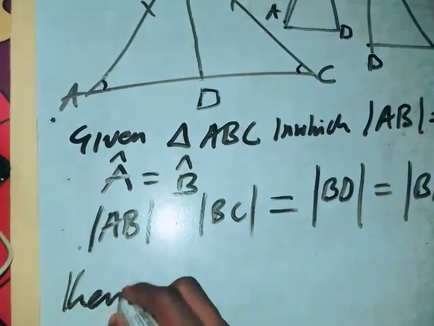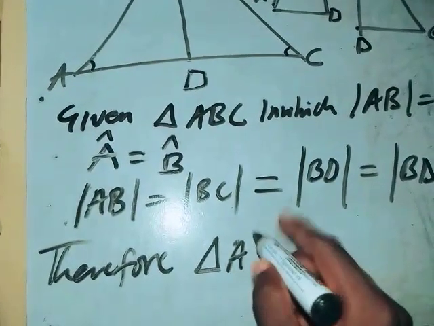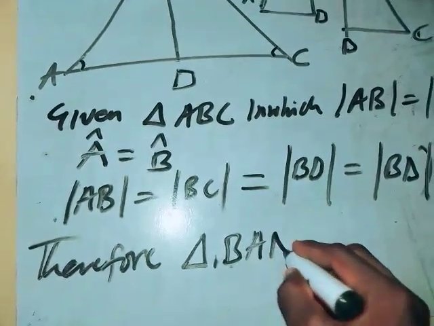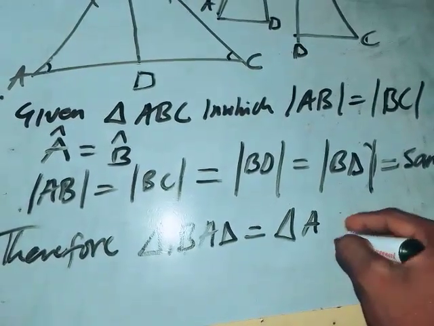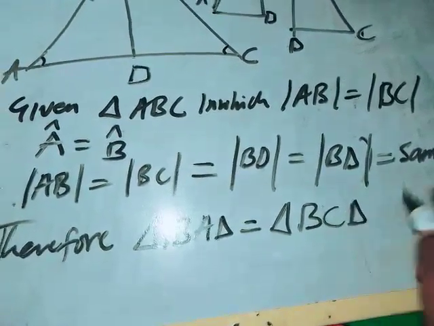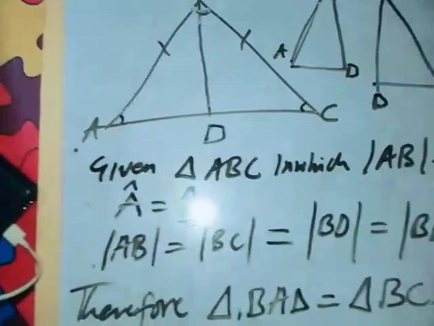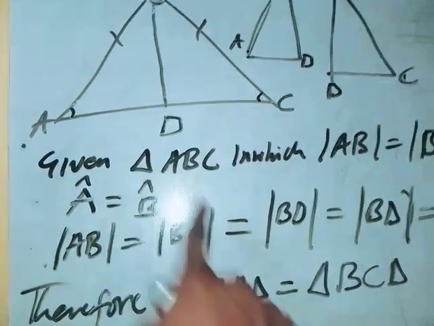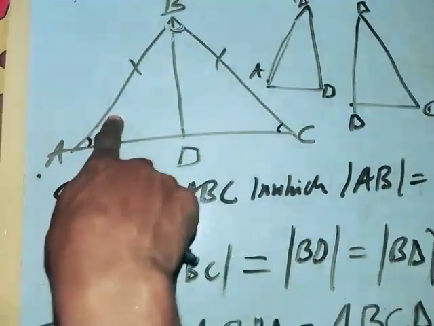We can say therefore triangle BAD is equal to triangle BCD. I will explain that. Now look at this. Triangle BAD is equal to triangle BCD. So this side is opposite to this side.